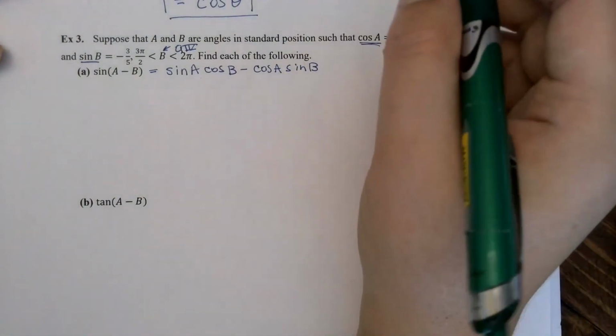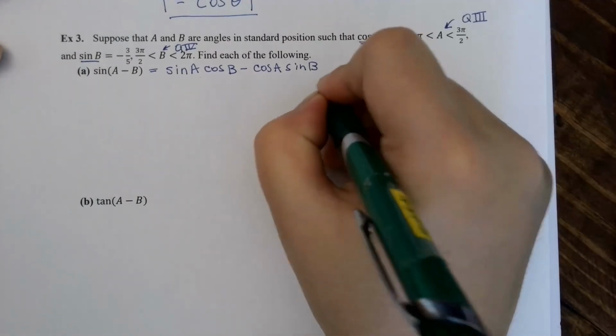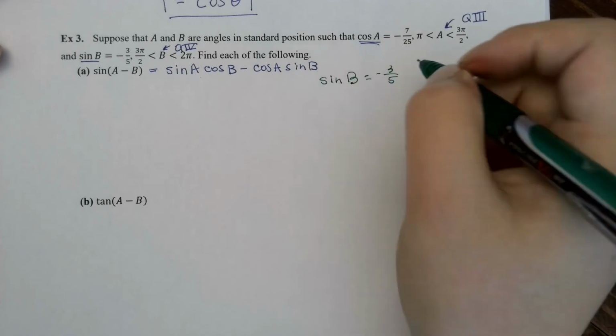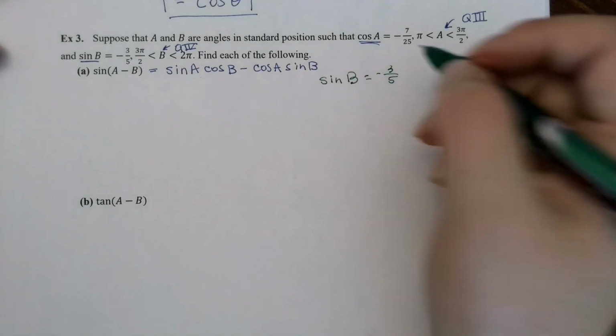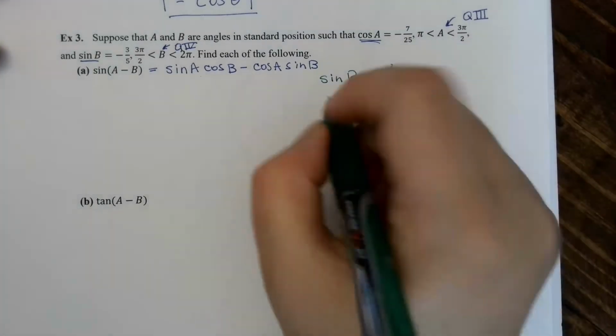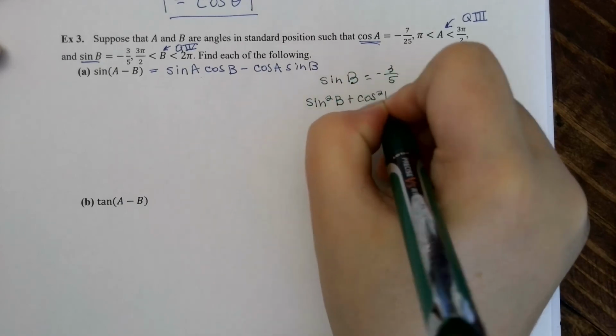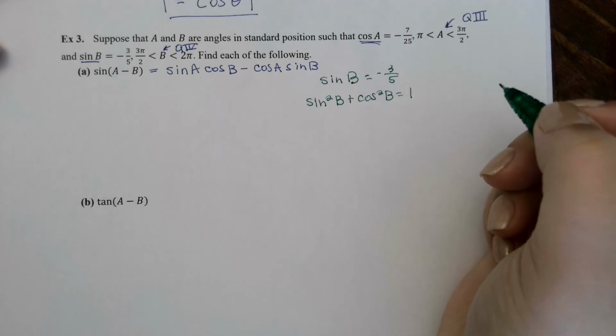So first, we have sine B is equal to -3/5. If we use our Pythagorean identities, then sine squared B plus cosine squared B equals 1.